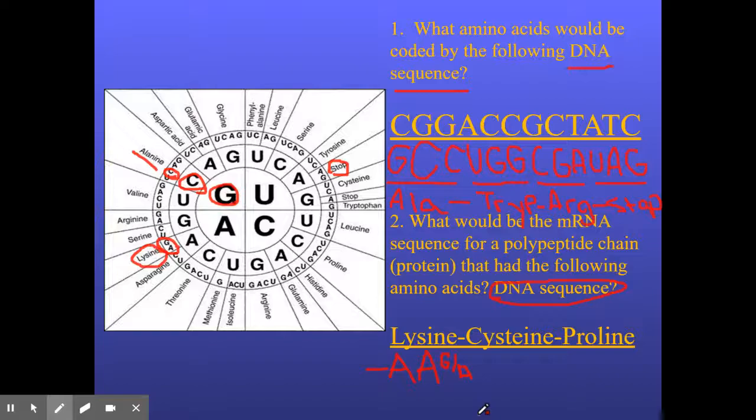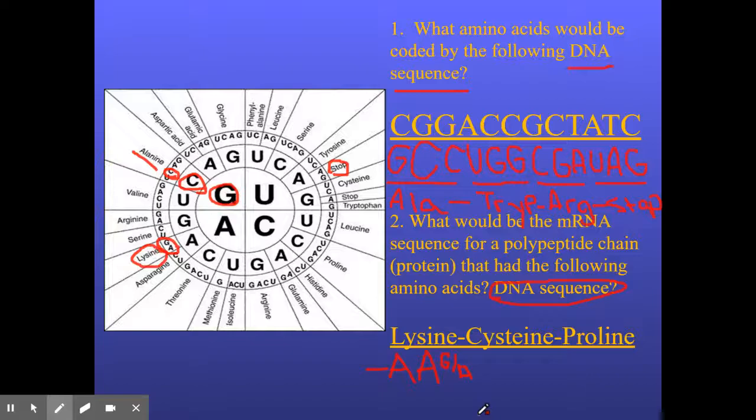That is the mRNA. So what would the DNA be? Go backwards. So if this makes RNA, if I'm going back, it goes there, right? So if this is an A, what would it be in DNA? T. So it would be TT and either C or T, right? One or the other.